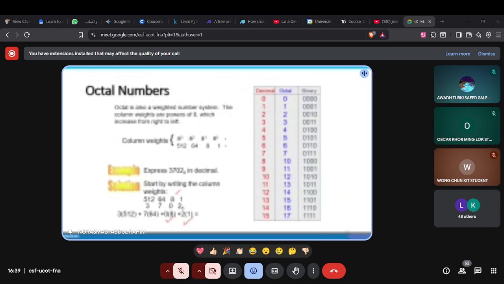And 8 power of 2 is equal to 64, multiplied by 7. Then 8 power of 3 is equal to 512, multiplied by 3. You get this one. So you add them up, and you get the answer 1986 in decimal, because the question asks you to convert it to decimal.